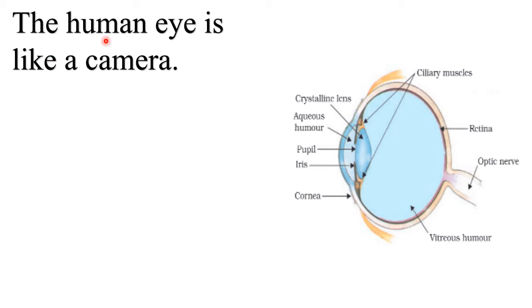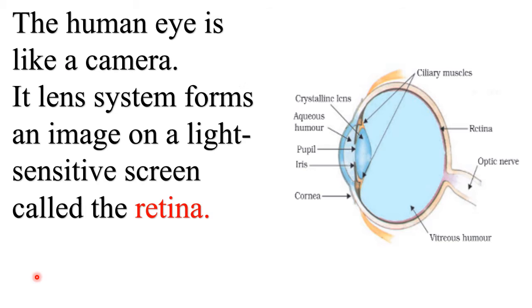The human eye is like a camera. Its lens system forms an image on a light sensitive screen called the retina. This is the retina.